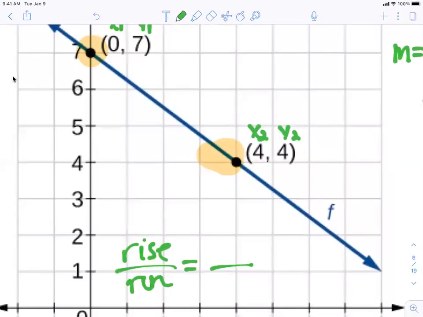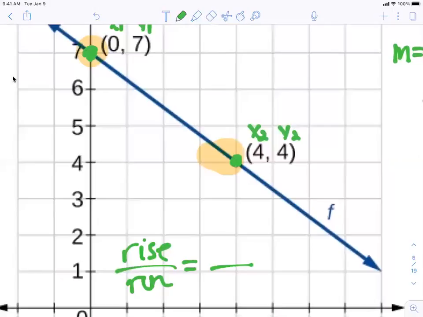So if I need to go from this point up here, 0, 7, down to 4, 4, I already know that since my line is going down and to the right, my slope is going to be negative. Let's check this out and see why. If we start at the leftmost point, we can calculate my rise and my run separately.